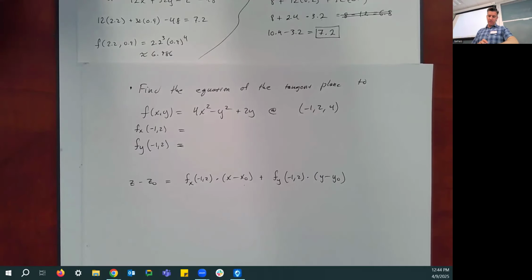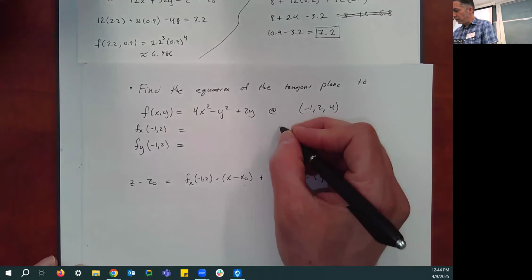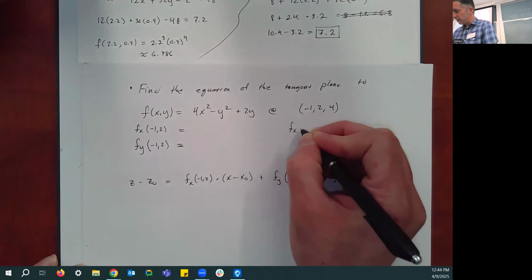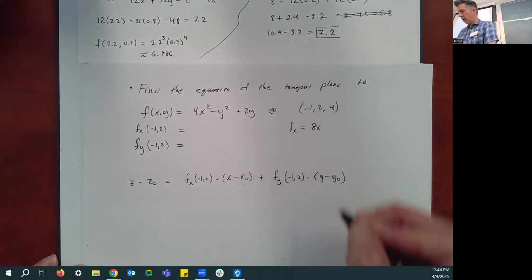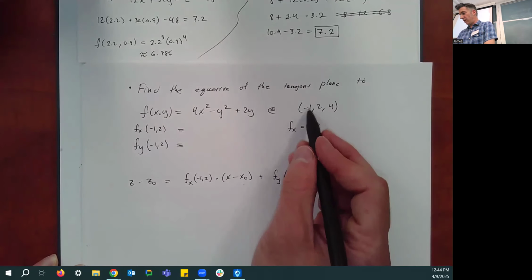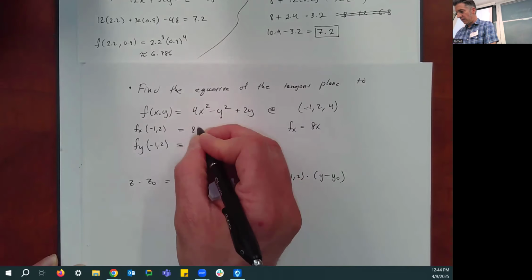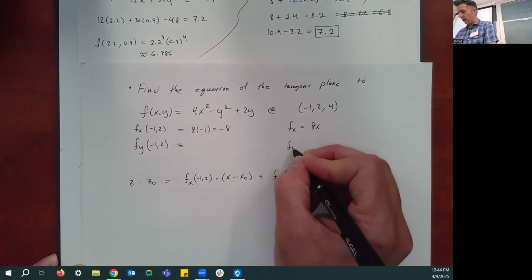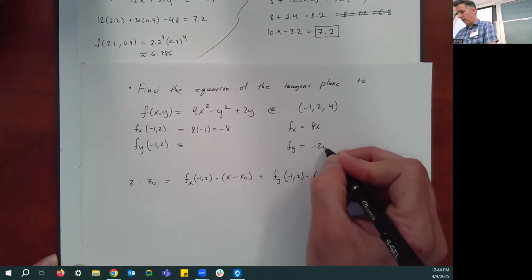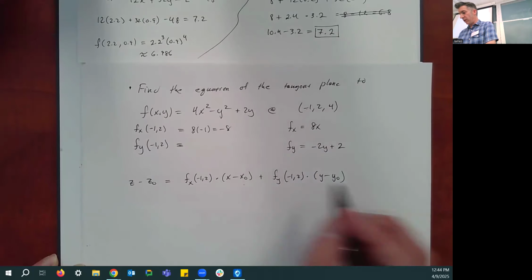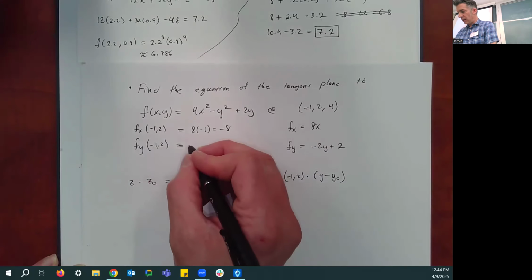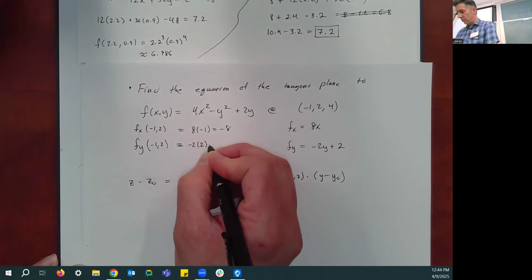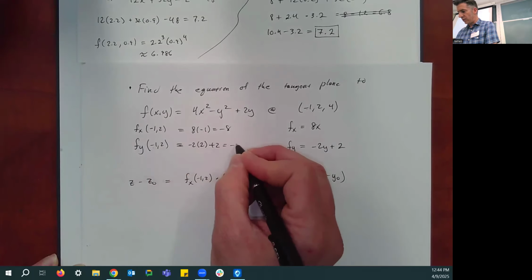All right, that's been 2 minutes. So let's find these partial derivatives. Our partial with respect to x is going to be 8x. If I plug in the point -1, 2, I get 8 times -1, which is -8. The partial with respect to y is -2y plus 2. If I plug in the point -1, 2, I get -2 times 2 plus 2, which is -4 plus 2, which is -2.